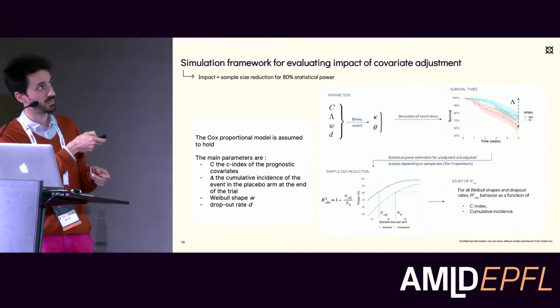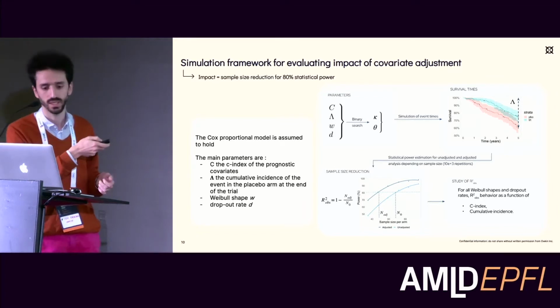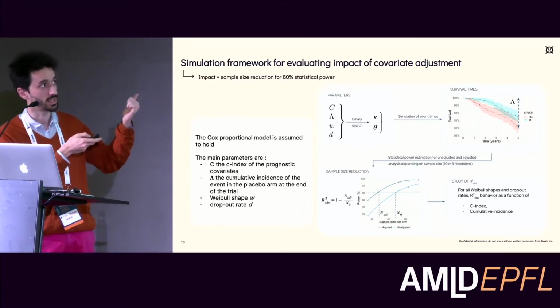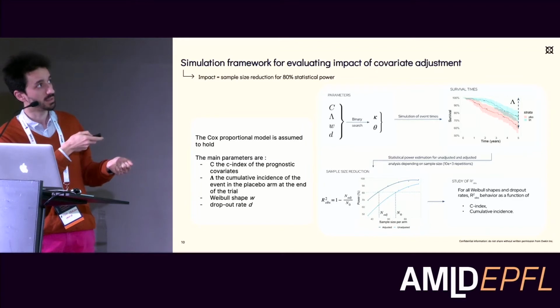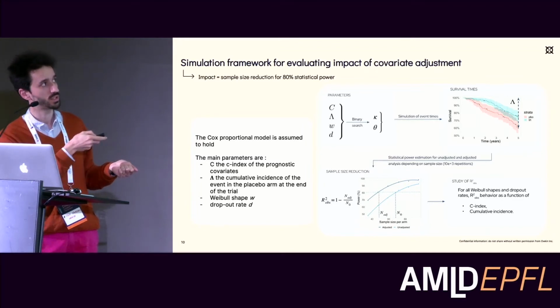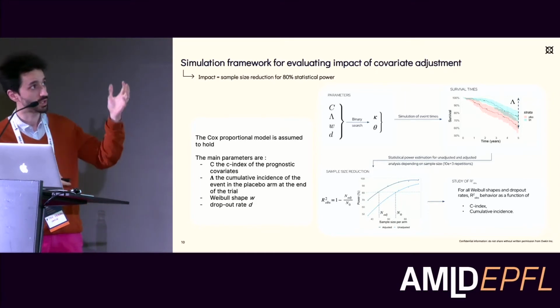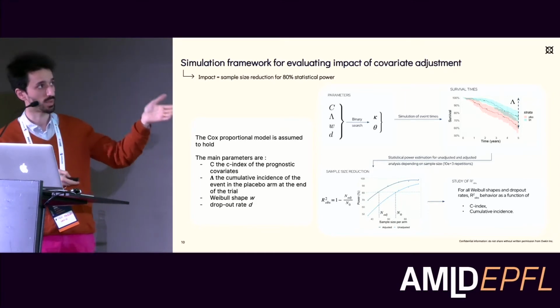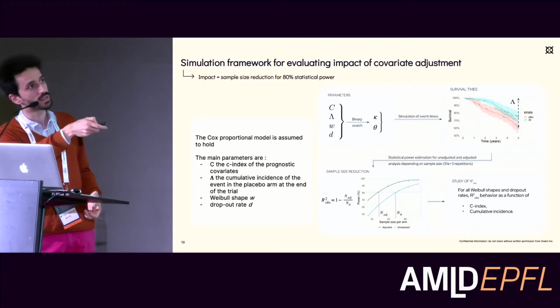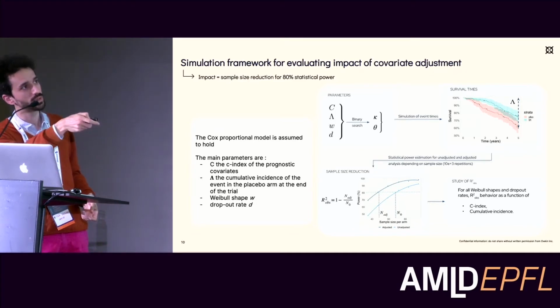And then the other key parameter of interest, and this is actually a bit surprising, it's not previously reported in the literature, is lambda, the cumulative incidence of the event in the placebo arm at the end of the trial. So here you have lambda equals 40%.